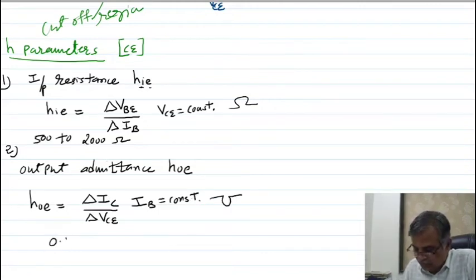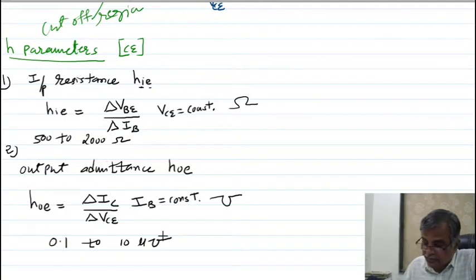Its value is from 0.1 to 10 micromho. It is obtained from output characteristics. HIE is obtained from the input characteristics.